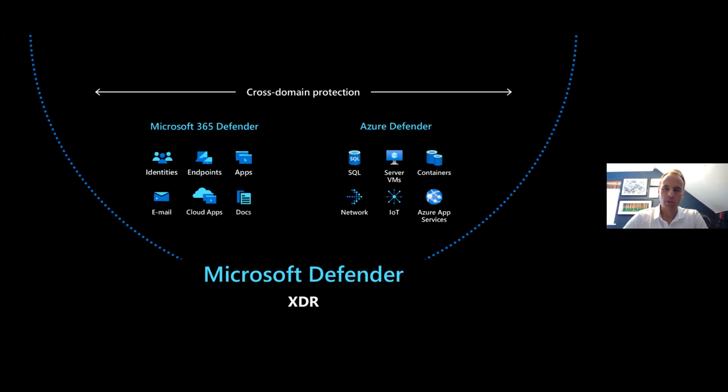That builds on the Azure Security Center, but helps to protect SQL databases, your VMs, containers, and other solutions in Azure, as well as being able to bring your on-prem infrastructure in there through things like Azure Arc, and then other cloud environments like AWS and GCP, for example. So that's Microsoft Defender, consisting of both the 365 Defender suite as well as Azure Defender.